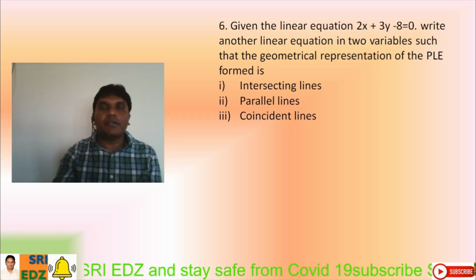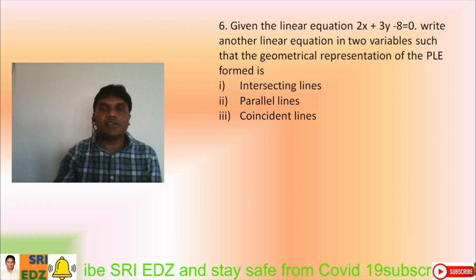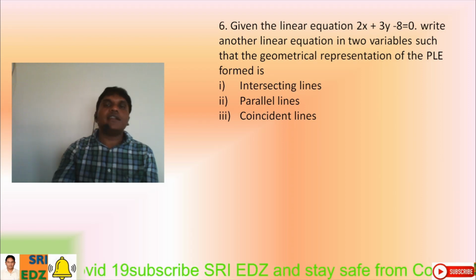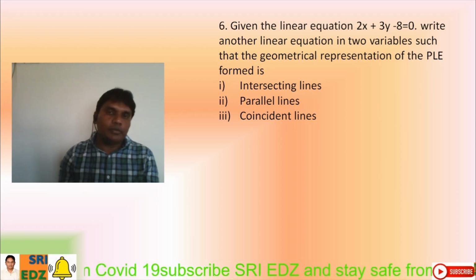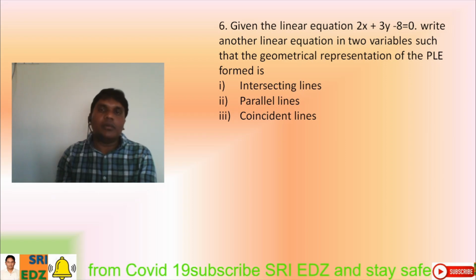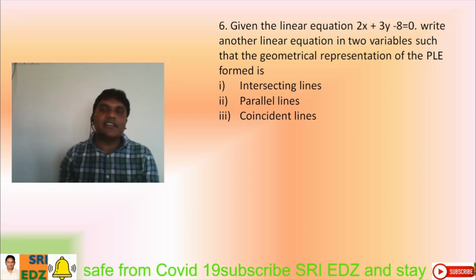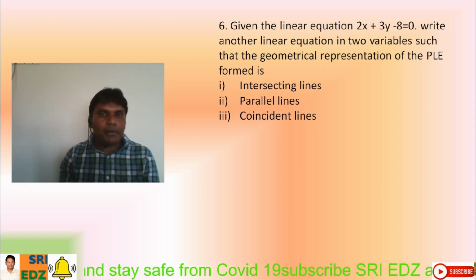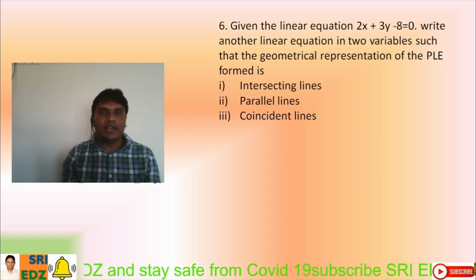The sixth question is: given the linear equation 2x plus 3y minus 8 is equal to 0, write another linear equation in two variables such that the geometrical representation of the pair of linear equations formed is intersecting lines, parallel lines, and coincident lines.